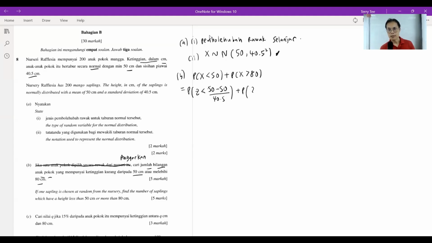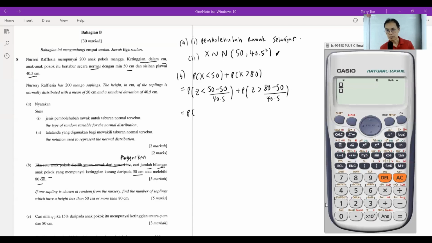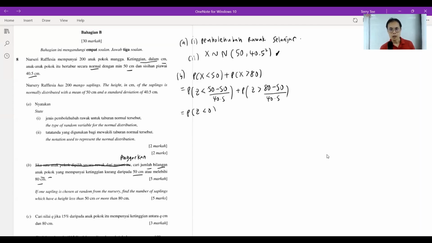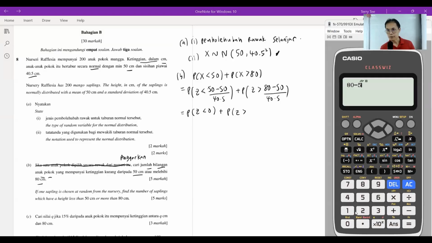Second one, this is Z, 80 minus 50, divide 40.5. So can we simplify this? Okay, let's take 50 minus 50. I'm going to take this calculator instead. 50 minus 50 is actually 0, so we don't have to do this calculation. But the second one we can calculate. This is 80 minus 50 divide 40.5. Okay, so this will give us 20 over 27 or 0.7407.